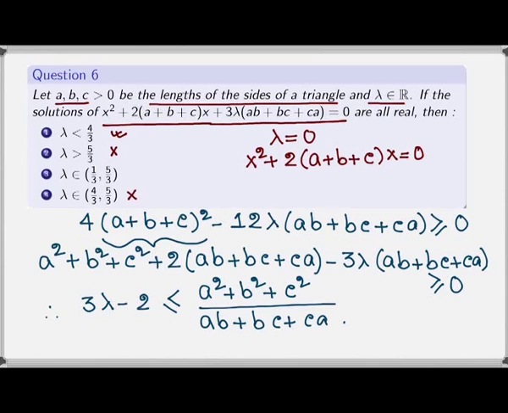So the third option is also not correct, as for λ = 0 this equation is also having all real solutions, but 0 is not in this open interval (1/3, 5/3). So here only one option is correct, which is the first option, that is λ < 4/3.